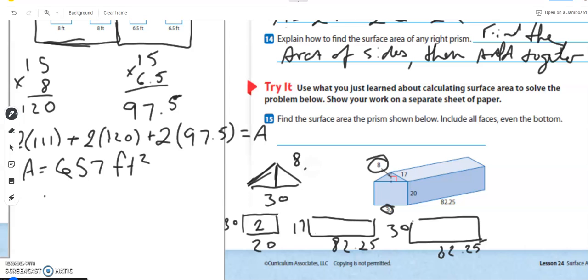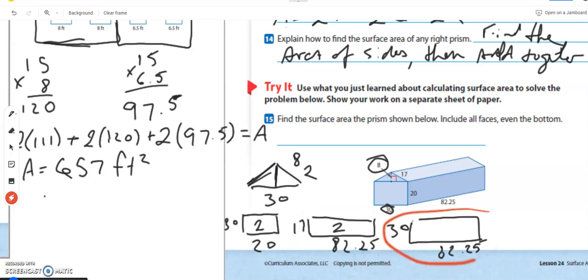Two of these, 2 of these, 2 of these, so 2, 4, 5, 6, 7. So there's 7 sides to this, but one of the sides has to be divided into 2, the triangle and the rectangle. So this is the front of the building, or the base of the prism. These are the sides of the roof.